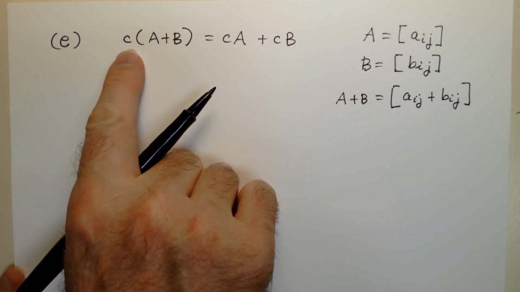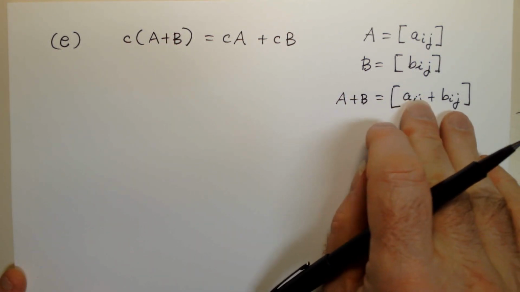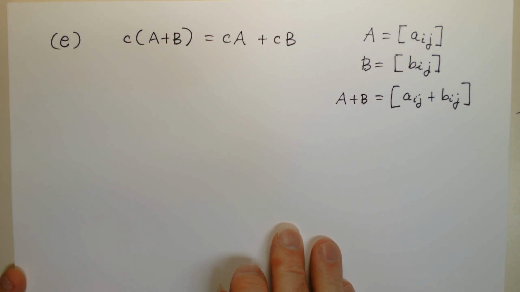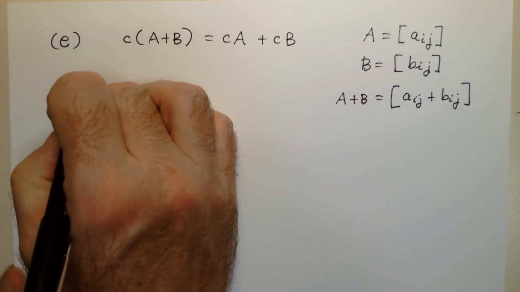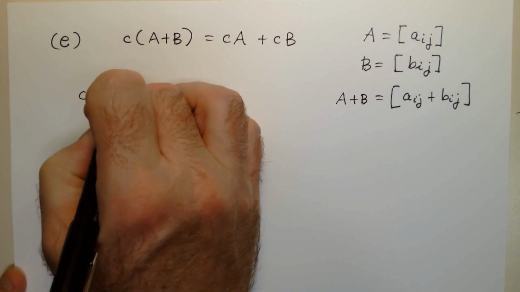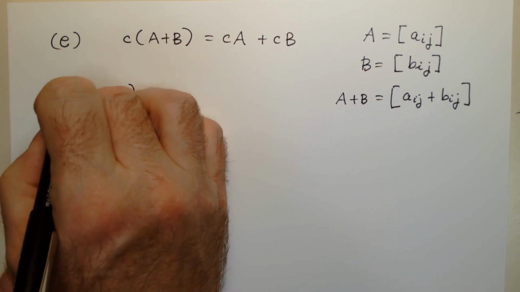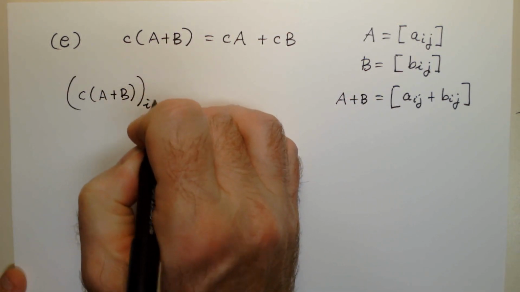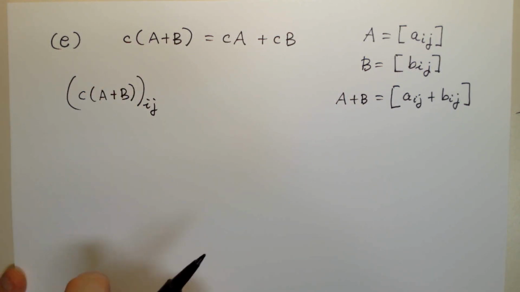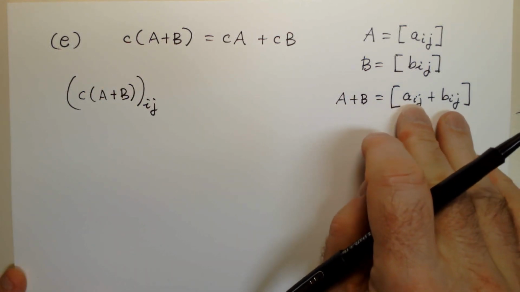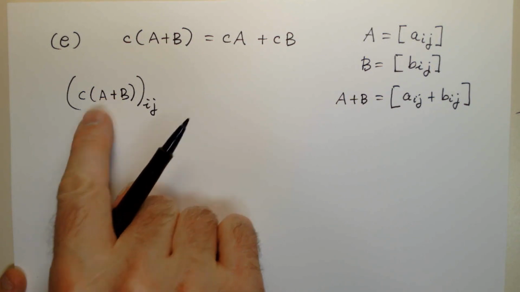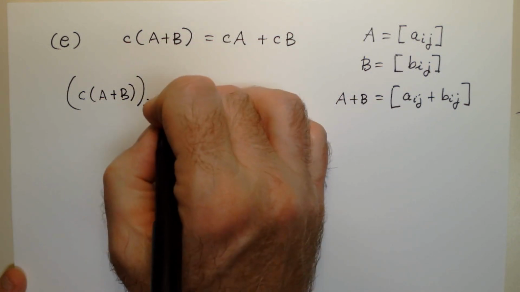Now, what is scaling going to do? It's going to scale all of the entries by the same factor of C. So if we ask for the ij entry of this matrix on the left, what's the ij entry of that matrix? It's simply going to be what I get by taking the ij entry of the matrix sum and scaling it by a factor of C.